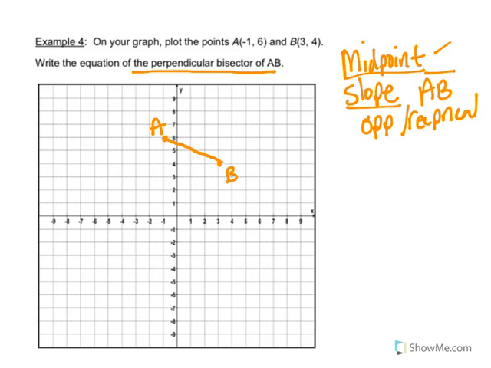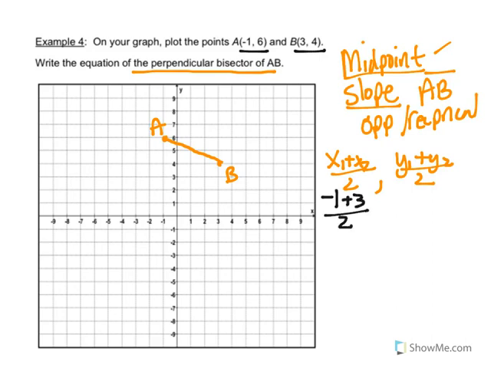So first of all, let's get the midpoint. To get the midpoint, we use our midpoint formula, x1 plus x2 divided by 2, y1 plus y2 divided by 2. So our points are these. x1, -1 plus 3 divided by 2, and that equals 2 divided by 2, which equals 1.